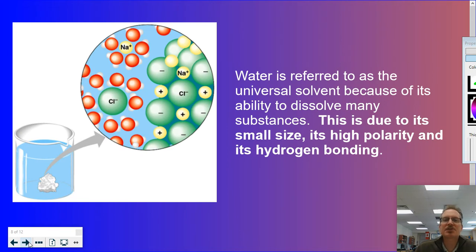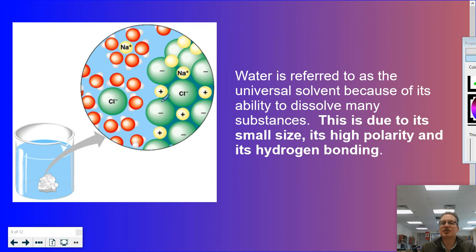Now, water is referred to as a universal solvent, and you've heard me say that many times because it has the ability to dissolve so many substances. I have here a picture as we zoom in: sodium chloride, table salt, dissolved in water. The reason water dissolves so many solutes is because of three reasons. One, it's a very small particle size, right? 18.02 grams per mole.